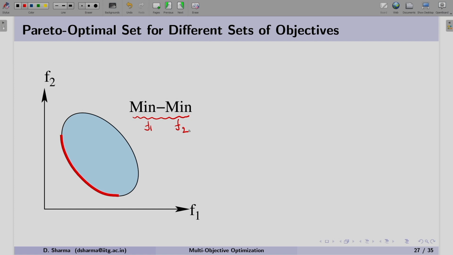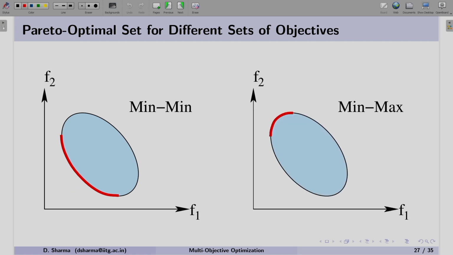In this case, for the given feasible search space, the red thick line on the boundary of this surface is the Pareto optimal set. Suppose we change now, and we want to minimize F1 and maximize F2.